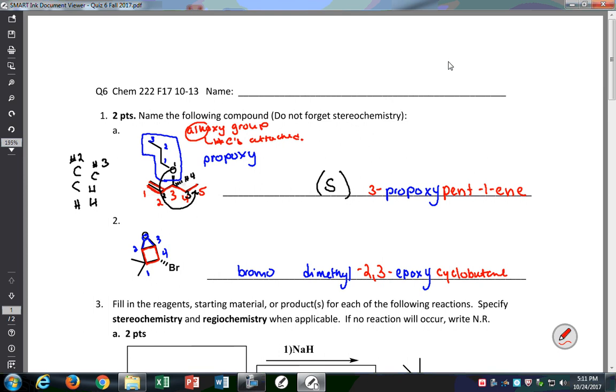Again, I don't really know why. But that is the correct way to name it. Because technically, if it was a 4-membered ring with an oxygen, it wouldn't be called an epoxy. It would be called a different name, so I don't know. Then we have 1, 1 dimethyl. Don't forget, we want both numbers because we have dimethyl and 4 bromo.